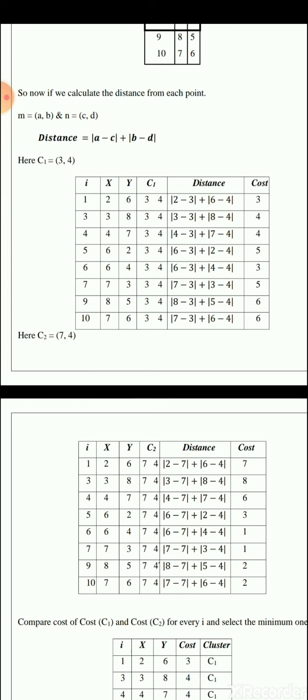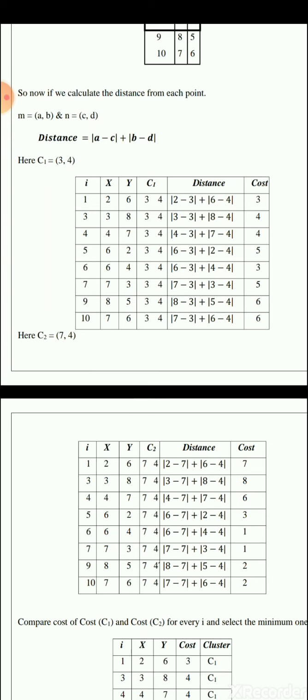Here a is 2, b is 6, c is 7 and d is 4. So the absolute value for the first row is 2 minus 7 plus 6 minus 4, which is 7. Likewise, we calculate all the Manhattan distances and find the cost.